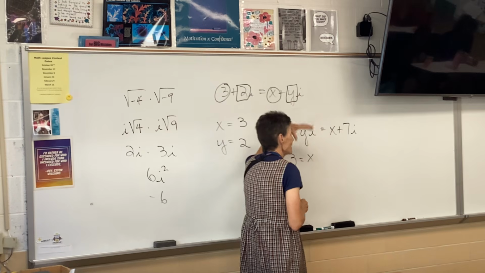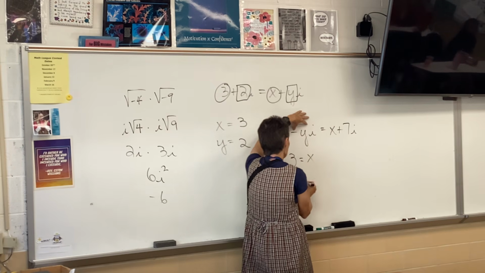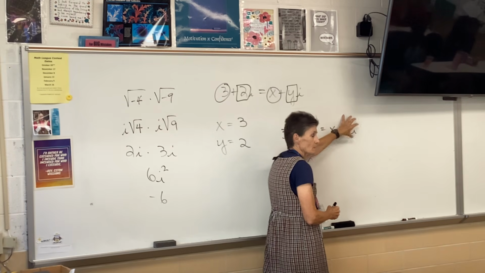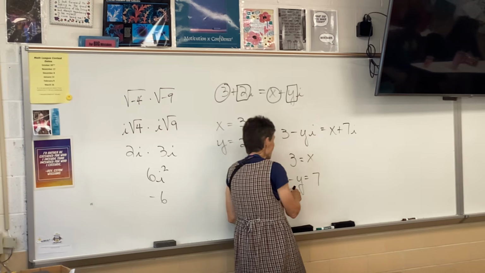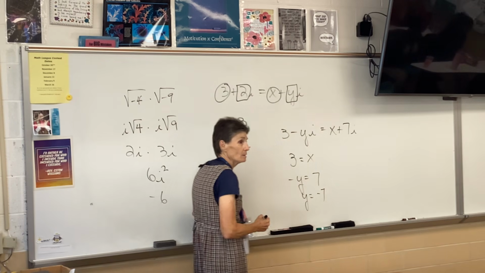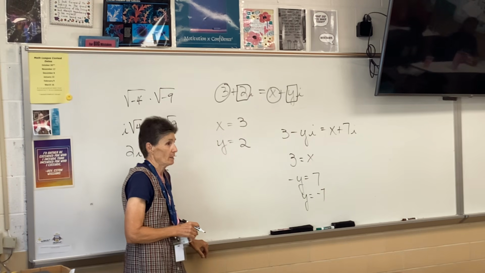What's the i part over here? Watch it, negative y. And what's the i part over here? 7. So negative y is 7, so y must be negative 7. Kids, that's all there is to it.